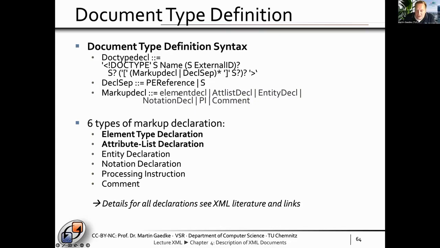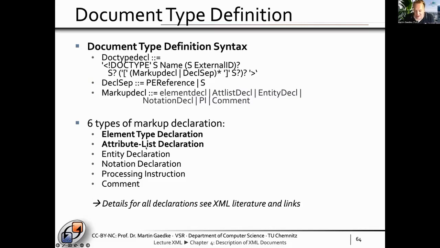It might be an element declaration, an attribute list declaration, an entity declaration, a notation declaration, a processing instruction, or a comment. We saw already how the comment is written. We saw already how elements and attributes are written.